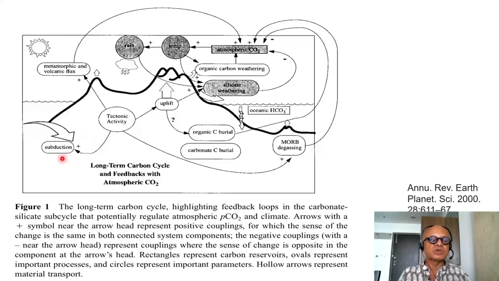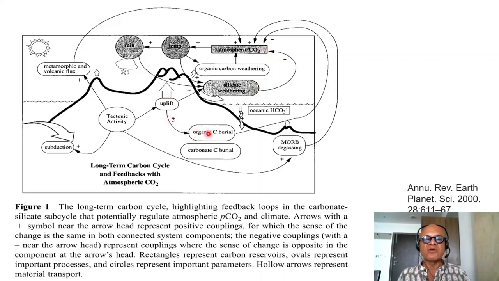There is also subduction involved, which can do metamorphosis and hide away carbon, which then gets exposed through volcanic flux, which is related to tectonic activity. Of course, atmospheric CO2 feeds back to temperature, rainfall, and weathering, as well as organic carbon weathering on soils and land, etc. There is silicate weathering, which can have a negative feedback on atmospheric CO2.